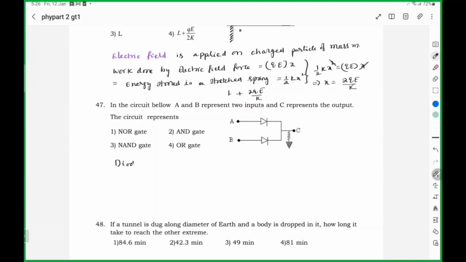A diode is a semiconductor device which allows the current to flow in one direction.